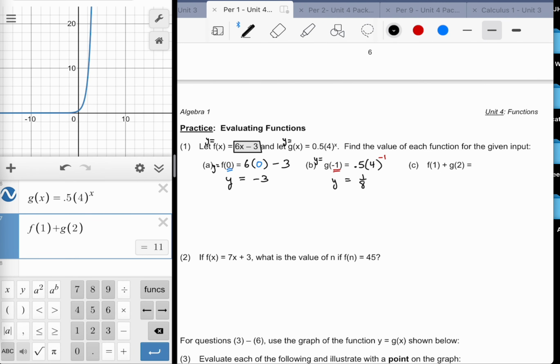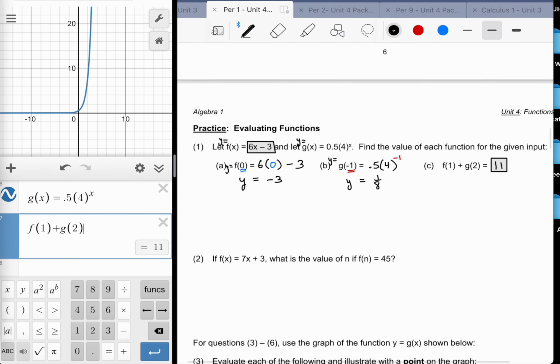F of 1 plus g of 2 results in 11. You don't really have to show any work because Desmos understands the notation. Actually understands it better than we do because it's programmed to understand the notation. It's almost like its entire life was designed around the notation. Its entire existence is DNA.